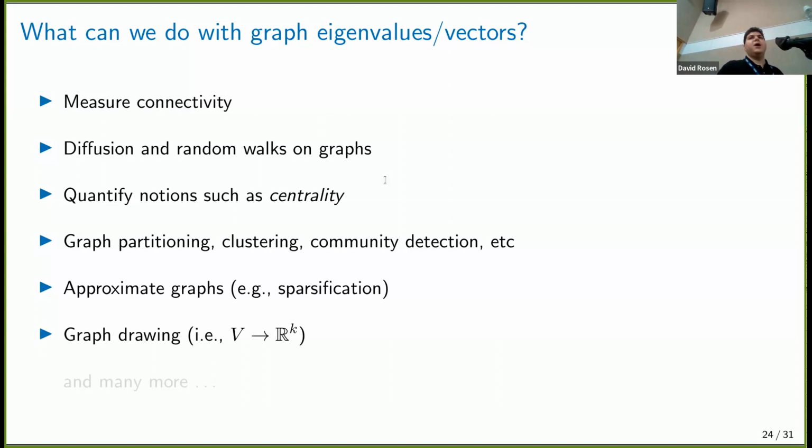But you might want to map each vertex in a graph into, let's say, a Cartesian coordinate of that vertex in some Euclidean space, R^k, right? These tools allow you to do that and reveal structures in your graph in the way the graph nodes will be embedded in that space, and many more.